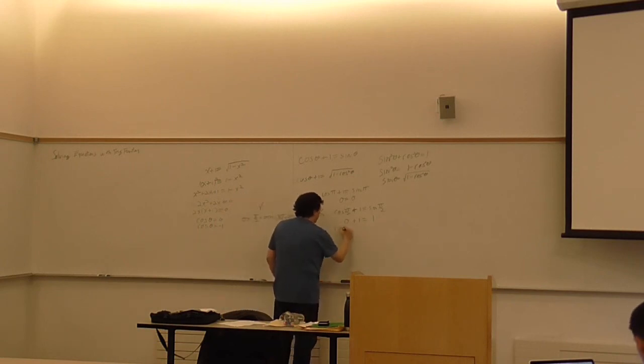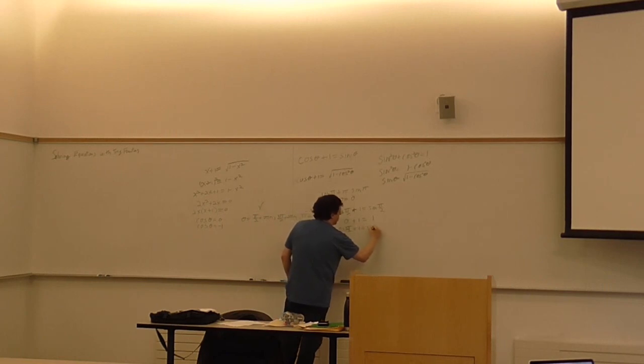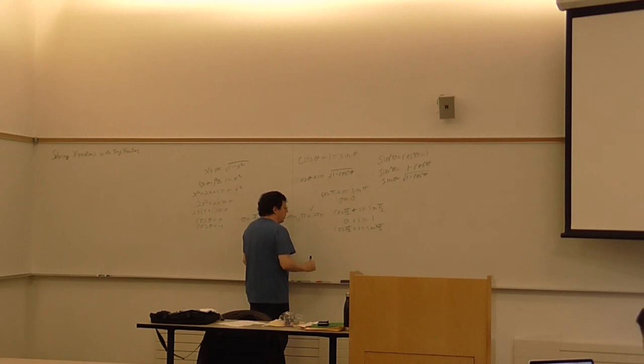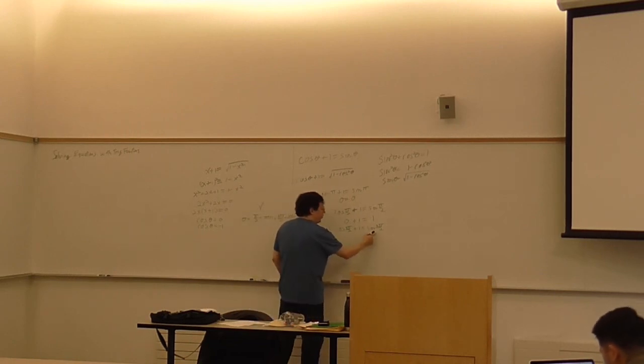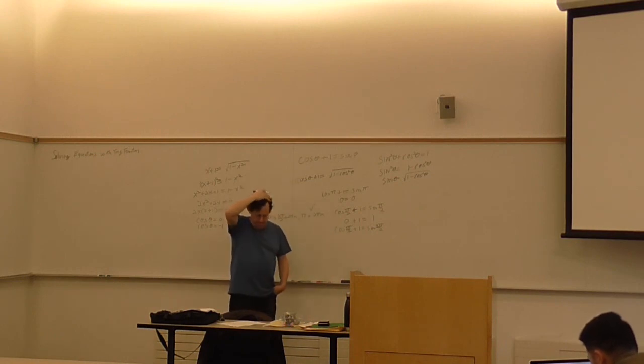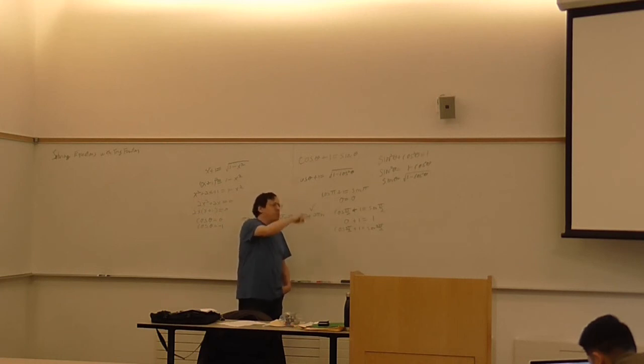And the only thing left is cosine of 3 pi over 2 plus 1 equals sine of 3 pi over 2. The sine of 3 pi over 2 is minus 1.